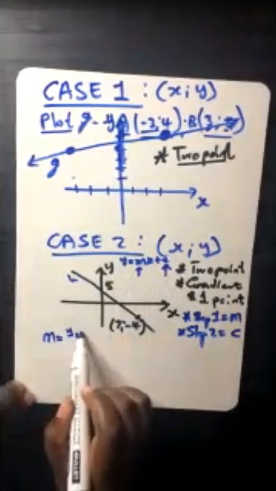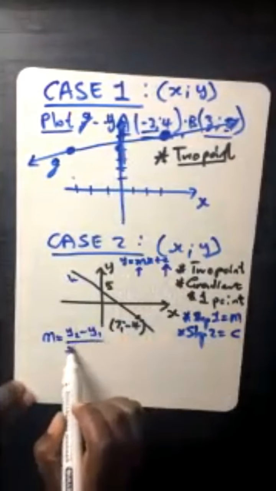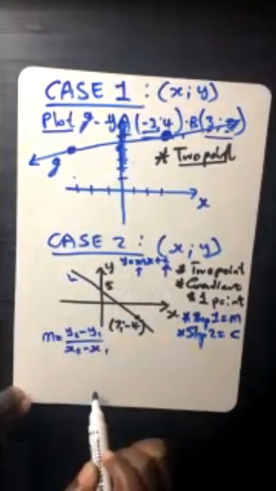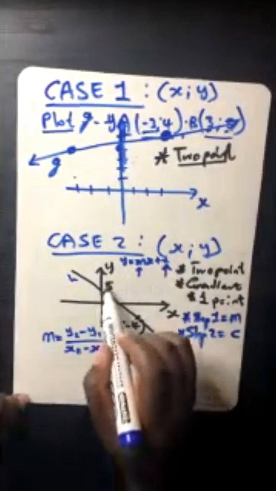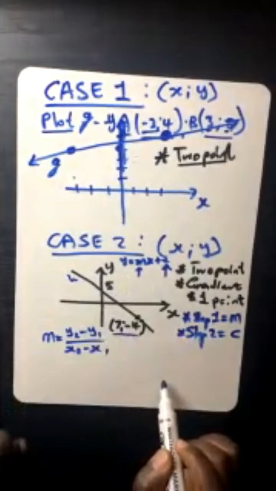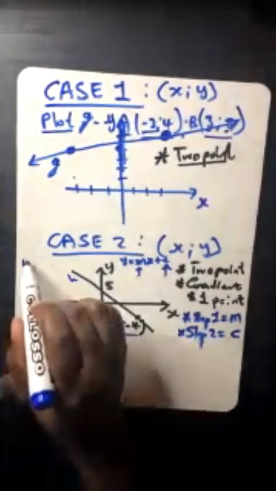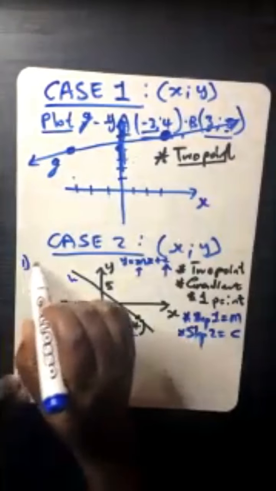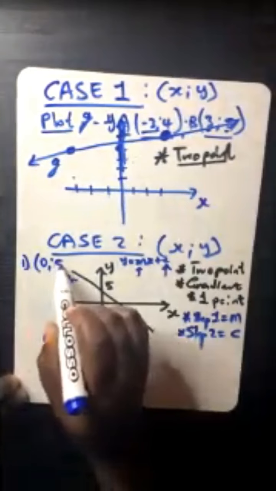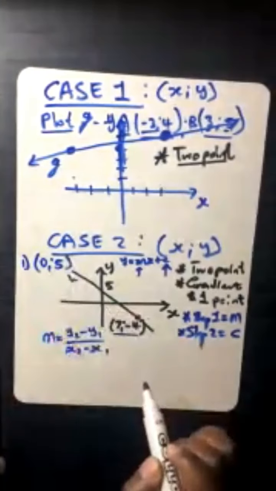Obviously, you know gradient is equal to y2 minus y1 over x2 minus x1. So what are your 2 points? You can see there it's 0.5, there it's 7 and -4. So point number 1 is where your x value is 0, your y value is 5.